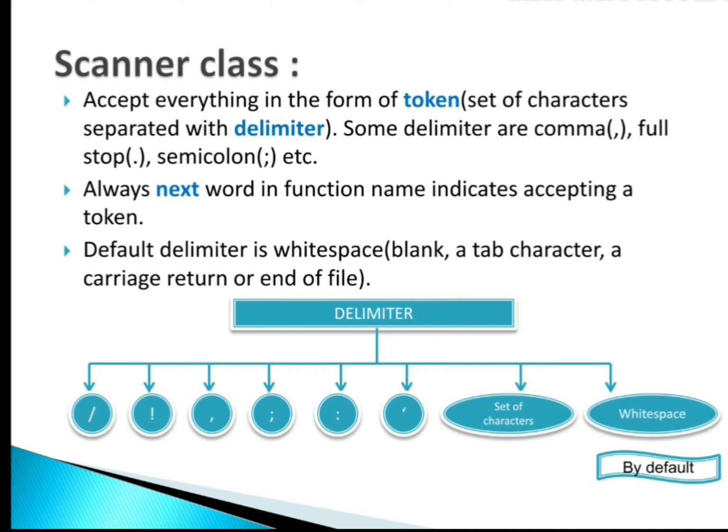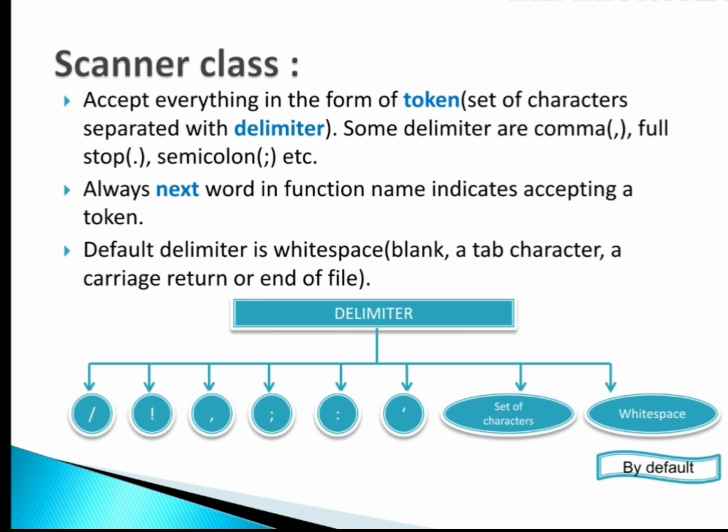And what do you mean by token? First of all, a set of characters separated with a delimiter. What is a delimiter? The delimiter by default is white space. First of all, remember that when we are reading a sentence the first time, then what a teacher or a parent tells us is that a sentence is a combination of words, and how are we going to know this one is a word?